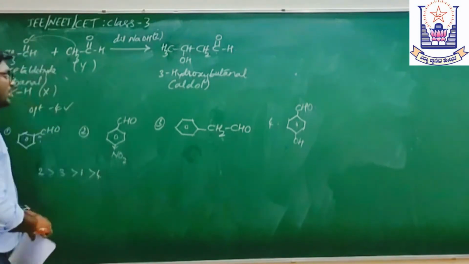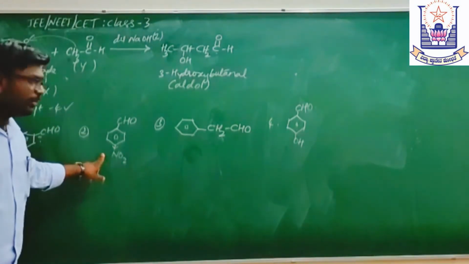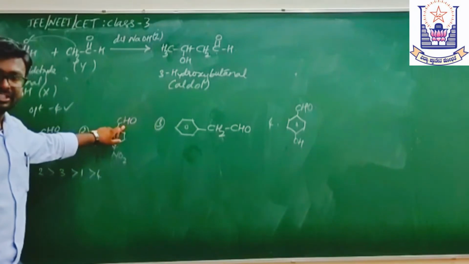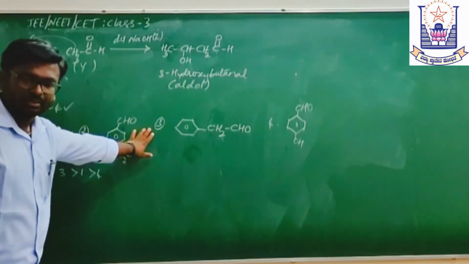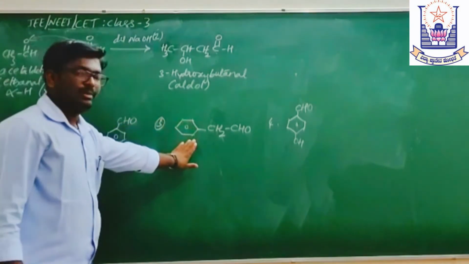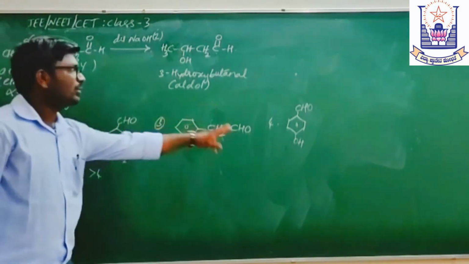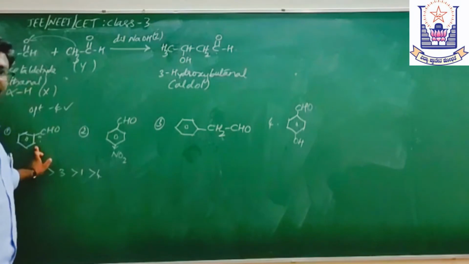Due to the presence of the electron withdrawing group, it increases the polarity of the CHO, and this readily undergoes the reaction with the HCN.